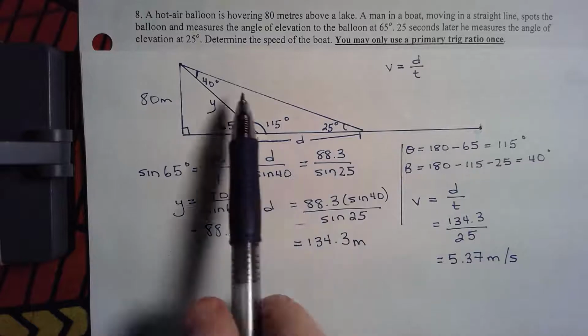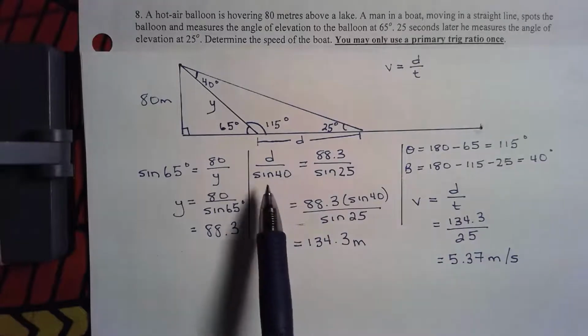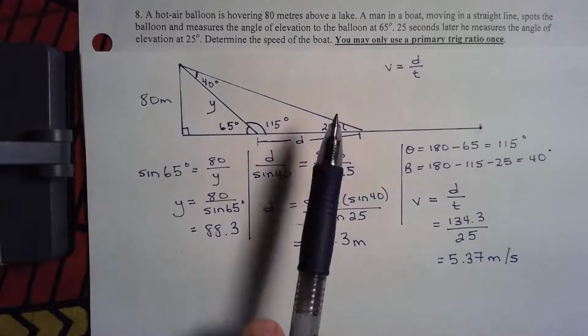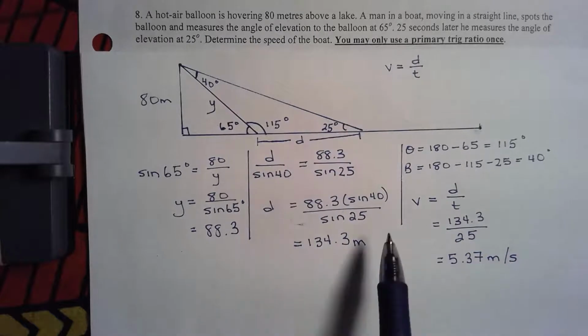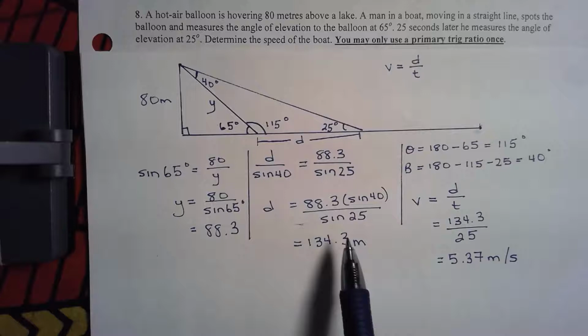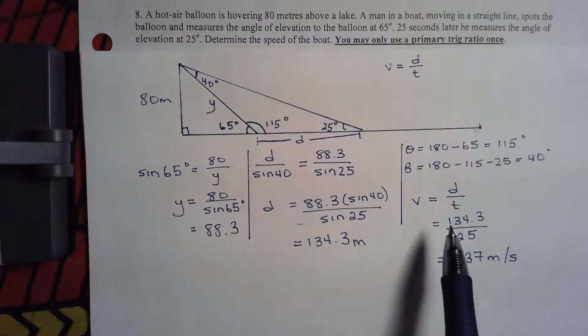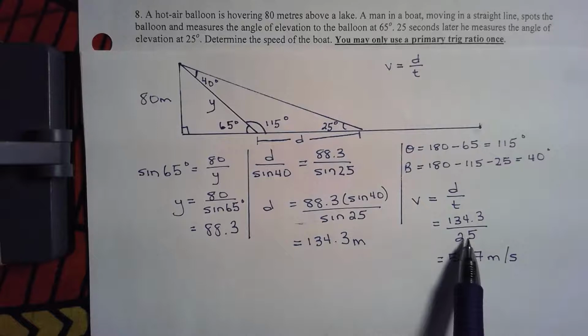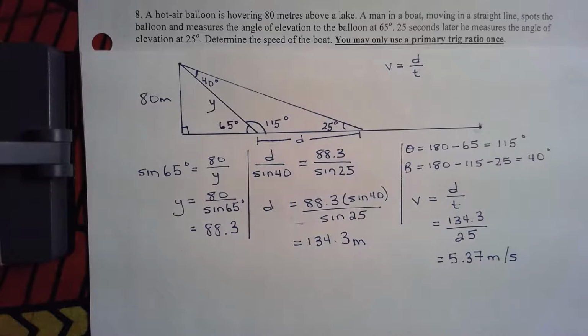Then I could use this triangle and use the sine law. I'm going to do d over sine 40 equals y, which was 88.3, over sine 25. Plug that into the calculator, got 134.3, and now I know speed is equal to distance divided by time, so I get 134.3 divided by 25, and I'm left with 5.37 meters per second. Hope that helps.